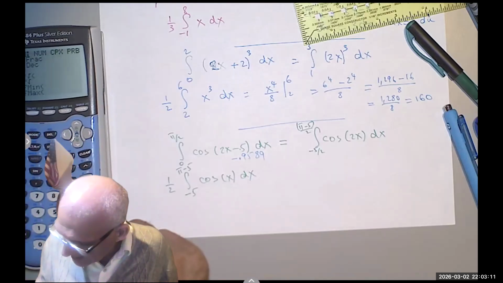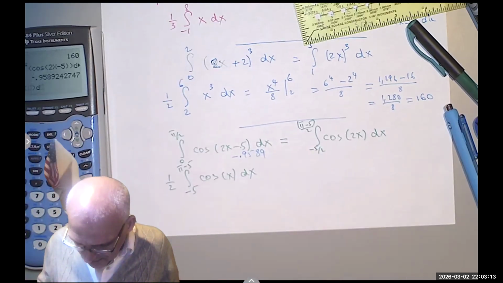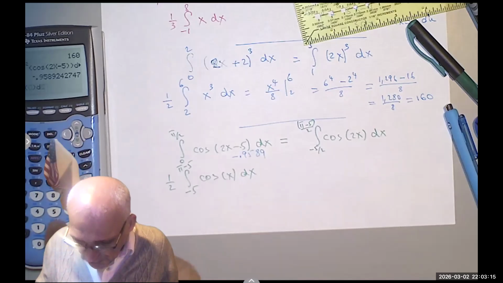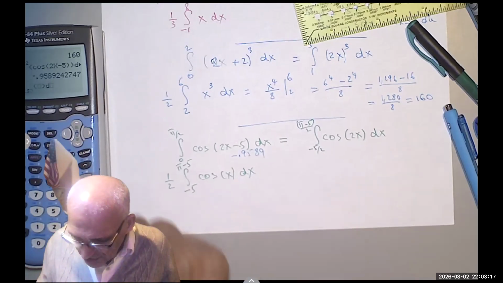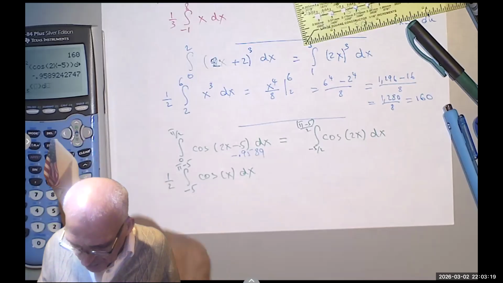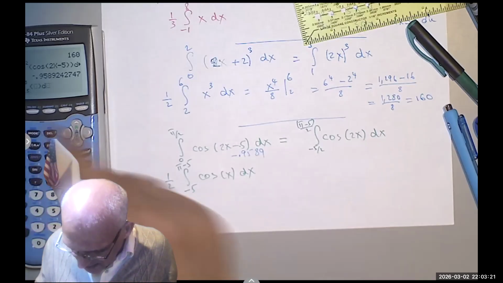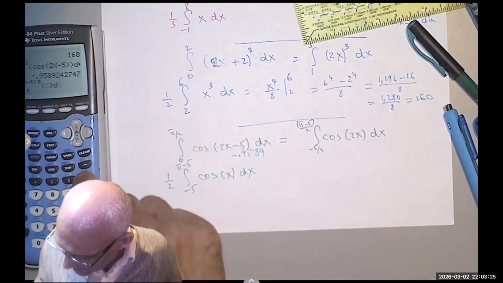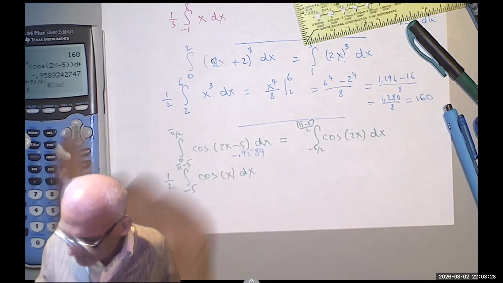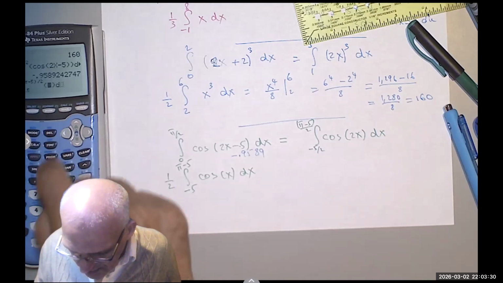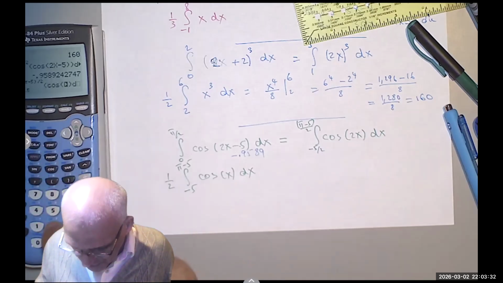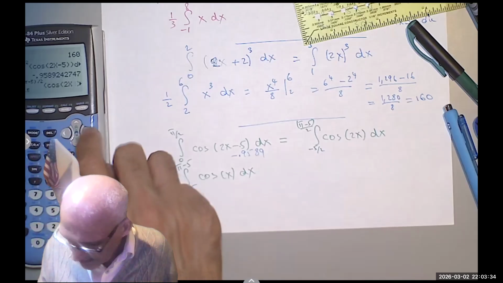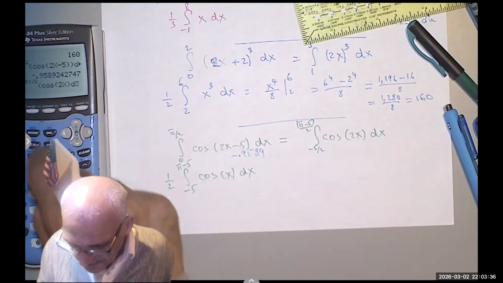Let's do this one. I'm going to take the integral from negative 2.5 to, between parentheses, pi minus 5 over 2 of cos 2x dx.